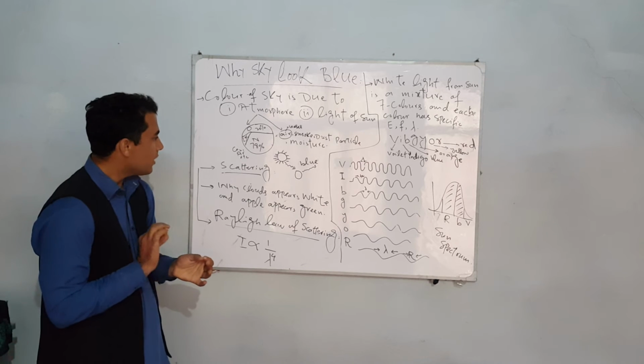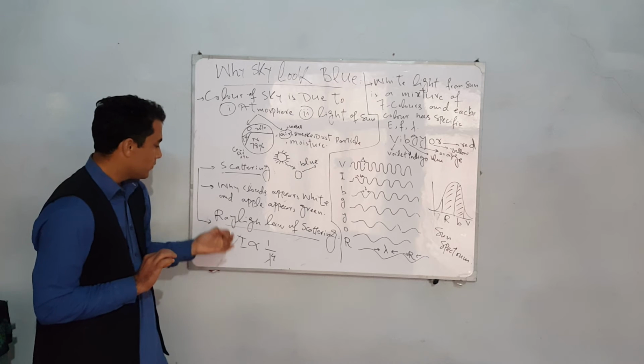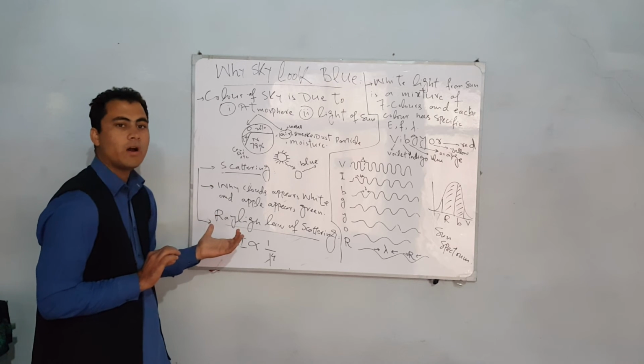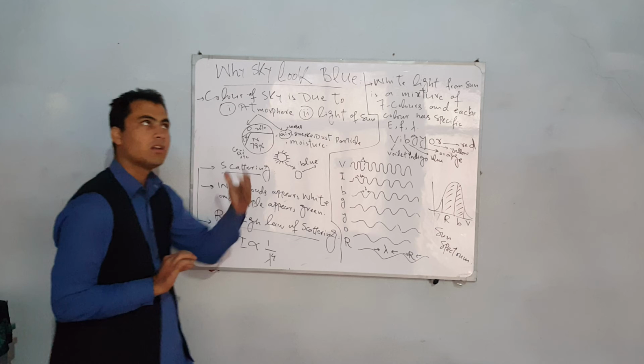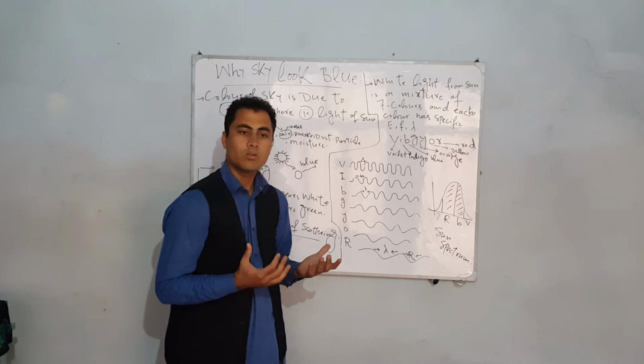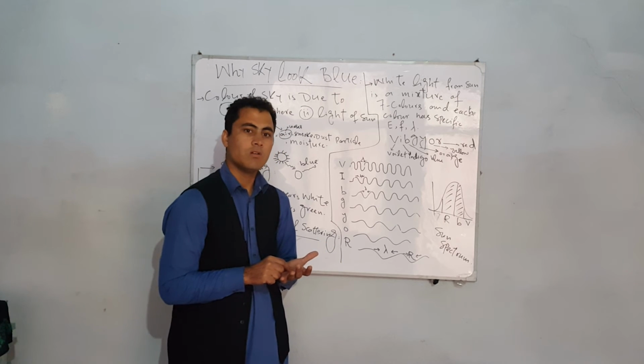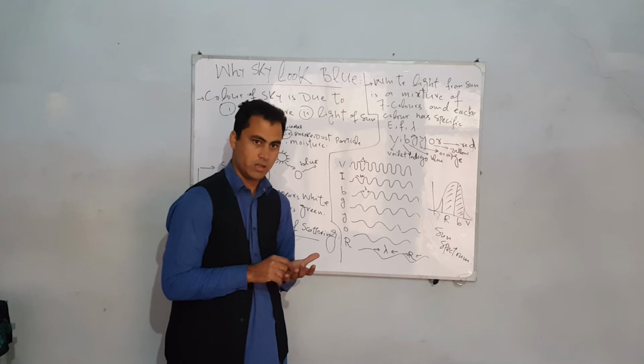Now the other question is, why do clouds appear white? When we see clouds, they don't appear blue or other colors, they look bright. As we know, clouds consist of moisture particles and ice particles.